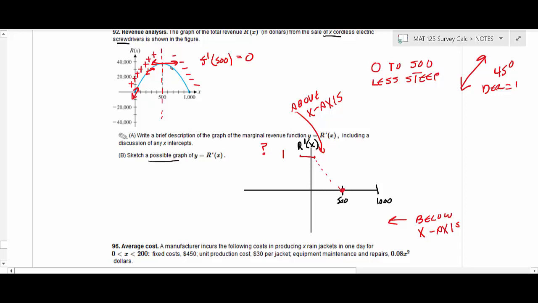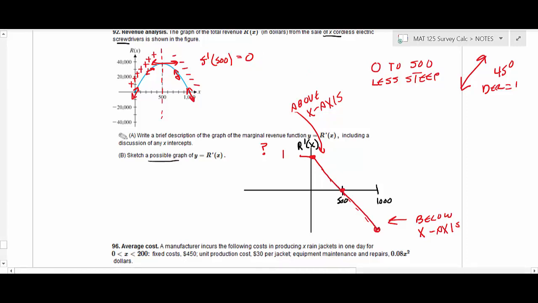Okay, then the derivative is getting smaller and smaller because the derivative values are getting smaller. So that's going to go like that. The graph of your derivative is just going to be a line that goes like this.